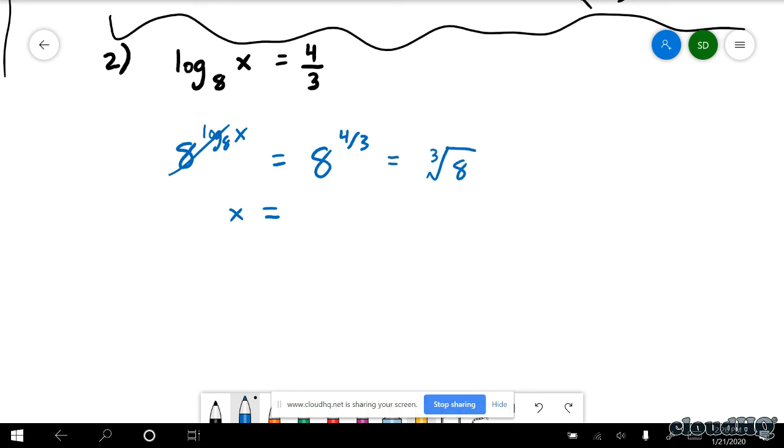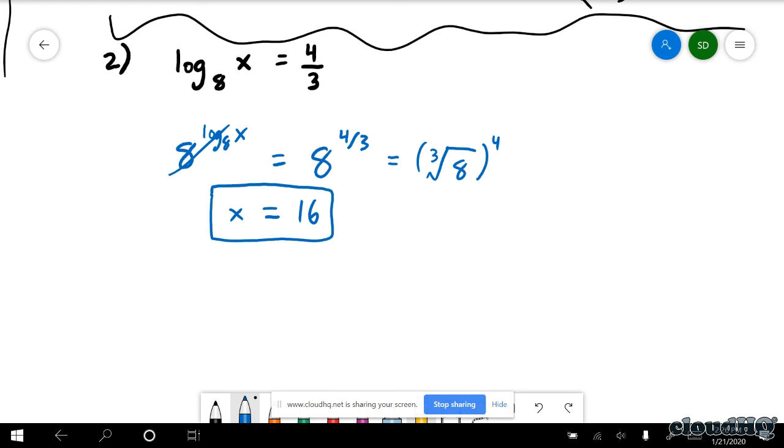So it's a third root of 8, and then it's to the 4th power. What is the cube root of 8? 2. So it's 2 to the 4th power, which is 16. 16 was the answer to that problem.